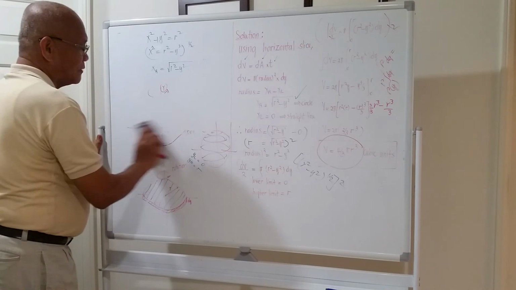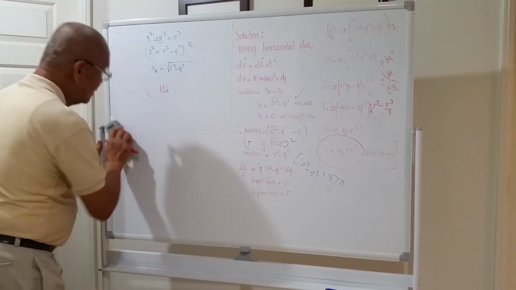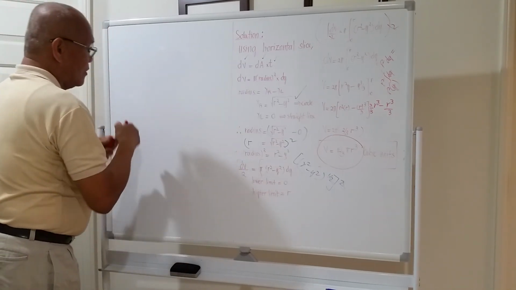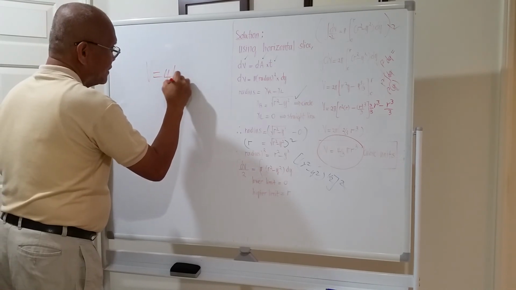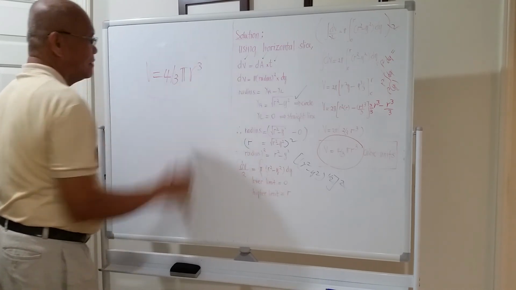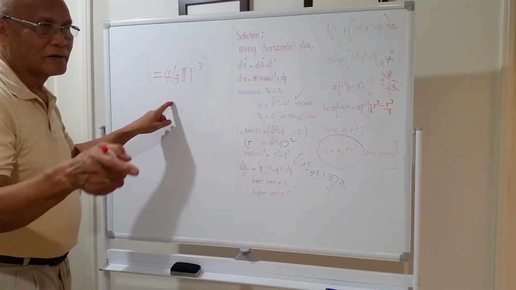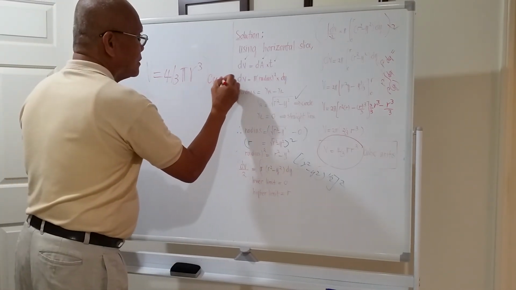I will repeat it for the last time, guys, before we go this afternoon. Volume for a sphere will be 4/3 pi r cubed. That is the general formula for taking the volume of a sphere as a function of the radius. This is cubic units.